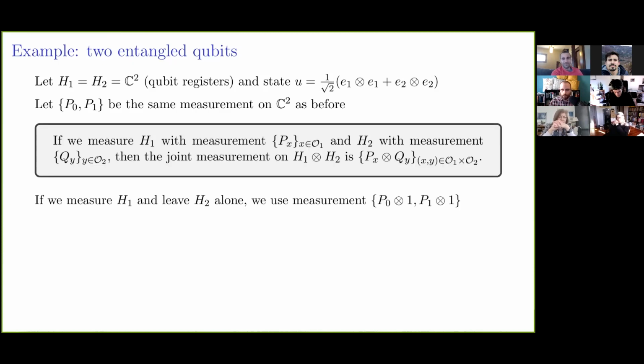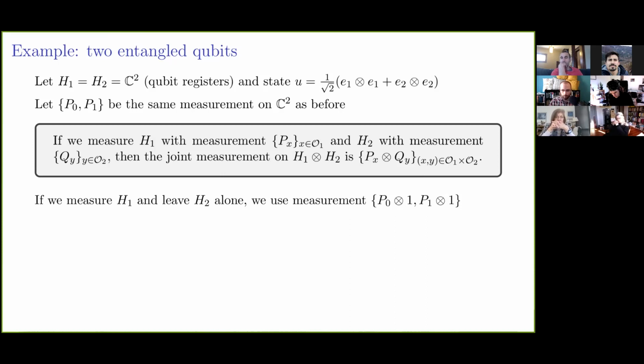It's very intuitive. If you've got a measurement operator on H1, let's call that P_X with outcome set O1, and you've got another measurement operator Q_Y on H2 with outcome set O2, then that means we're doing a measurement on H1 where the outcomes come from O1 and a measurement on H2 where the outcomes are in O2. So if we're doing those measurements at the same time, like these 2 labs doing their measurements during the day, they should be getting outcomes in O1 times O2.